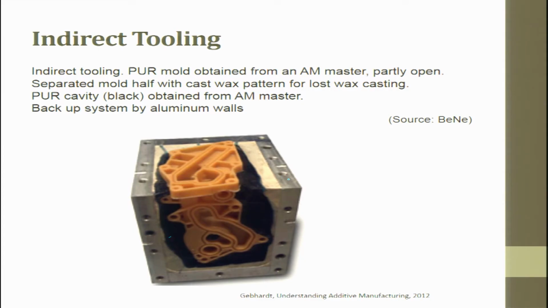So, this is the aluminum wall, or this is the frame, whatever it is, and these are the PUR cavities, through which you can start filling up material to get the output, and this becomes your pattern.